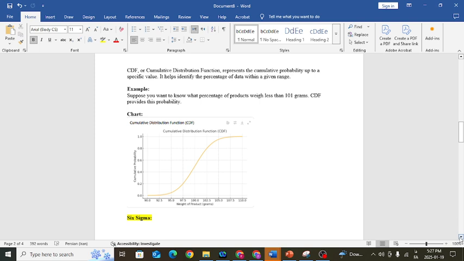It helps identify the percentage of data within a given range. Suppose you want to know what percentage of products weigh less than, for example, 101 grams. The cumulative distribution function provides this probability.